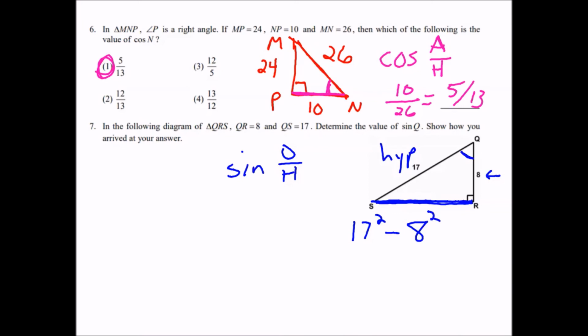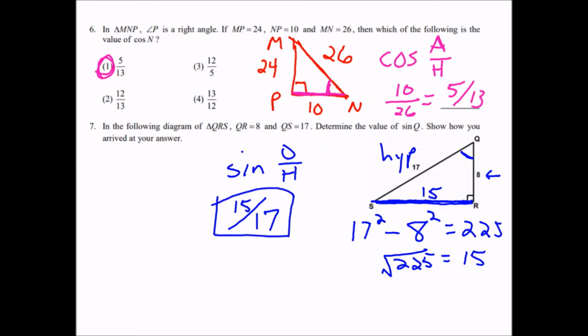I get 225. And then we have to take the square root of that, and we get the side length of 15. So our opposite side is 15, our hypotenuse is 17, and that's all. That's 15 over 17. If you could make it a decimal, I guess, but I'd leave it 15 over 17.